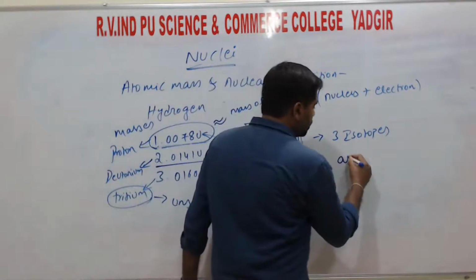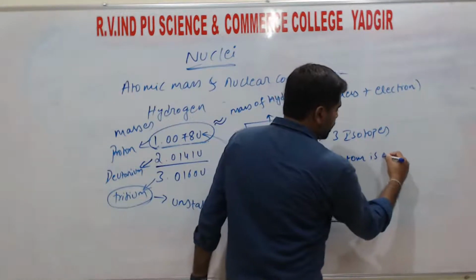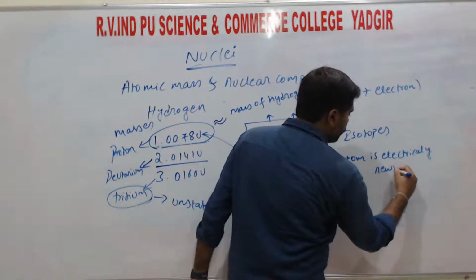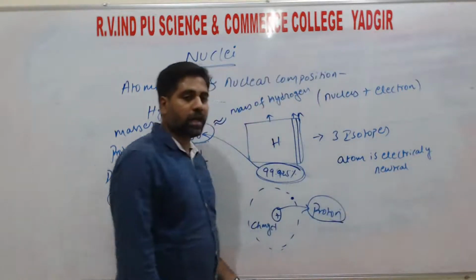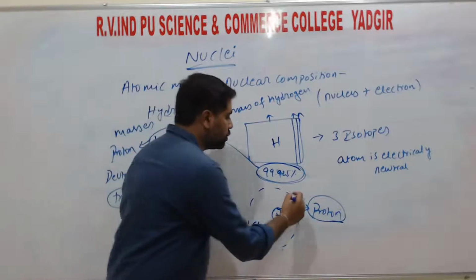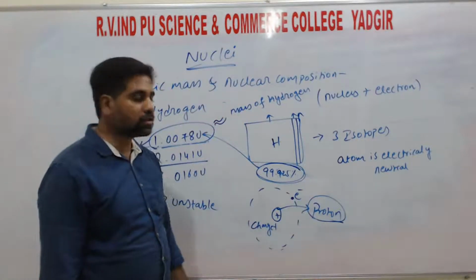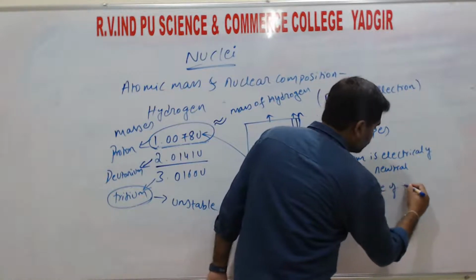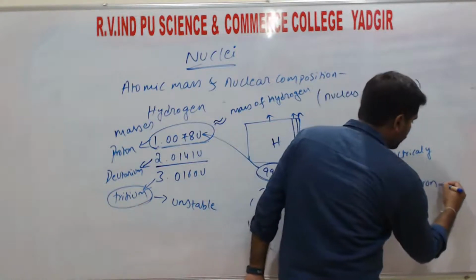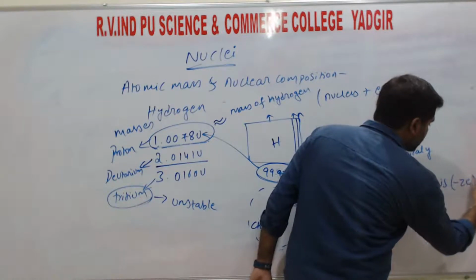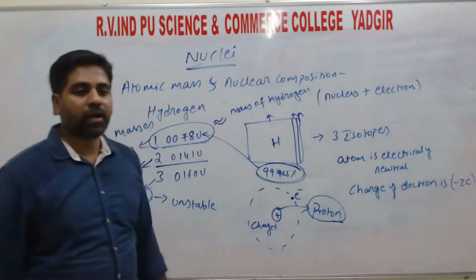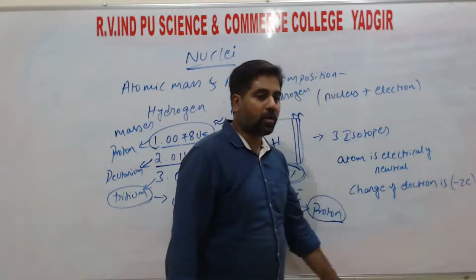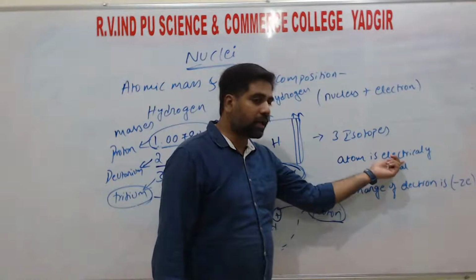In the last chapter we discussed that the atom is electrically neutral. The charge of the electrons is written as minus Ze, where Z is the atomic number and e is the charge of the electron. Hence the atom is electrically neutral.